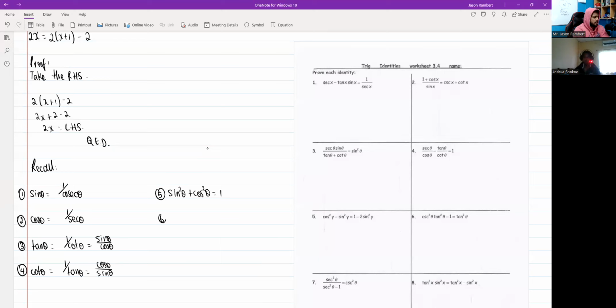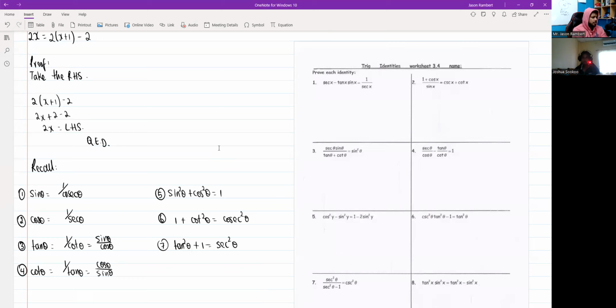Number 6, 1 plus cot squared theta is equal to cosec squared theta. And number 7, tan squared theta plus 1 is equal to sec squared theta. To use 6 and 7, just divide 5 by sine squared theta, then divide it by cos squared theta in each case. And we did those proofs already, correct?